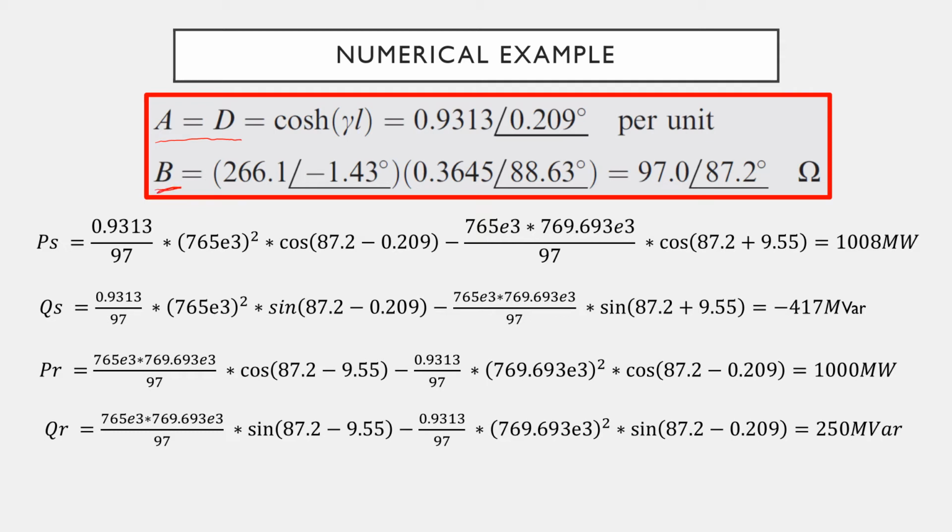With the help of this ABCD, we can find the real power at the sending end and receiving end, and the reactive power at the sending end and receiving end. Here we are using the voltage of 765 kilovolt as the base voltage. Using this voltage we calculated the real and reactive power at both ends of the line.